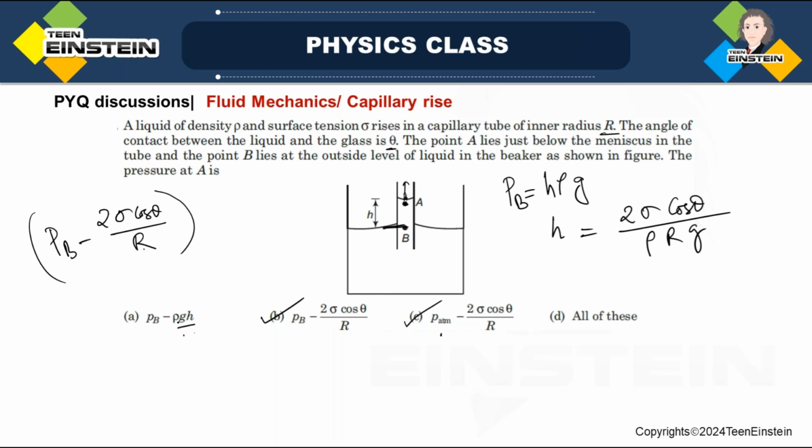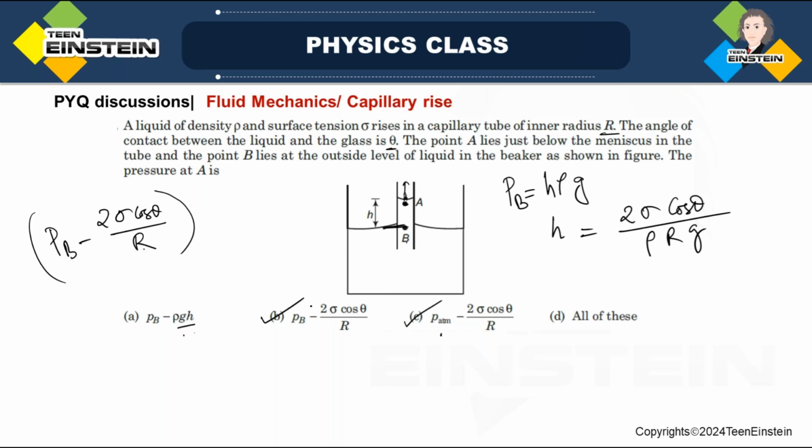The question says a liquid of density rho and surface tension sigma rises in a capillary tube of inner radius capital R. So PB is atmospheric pressure.